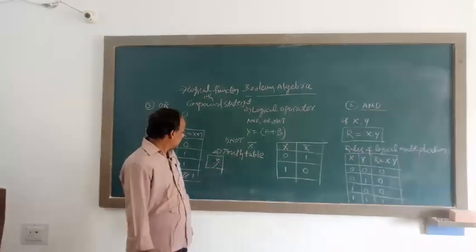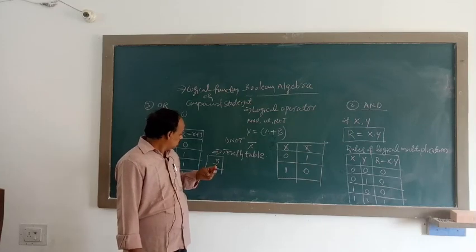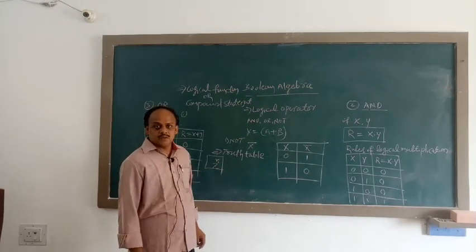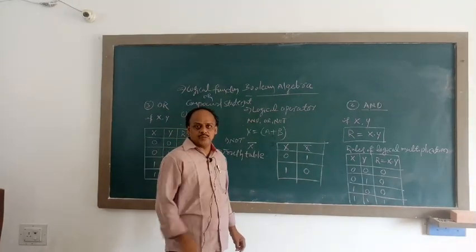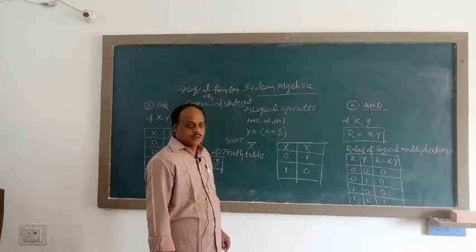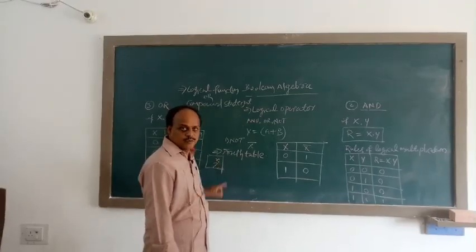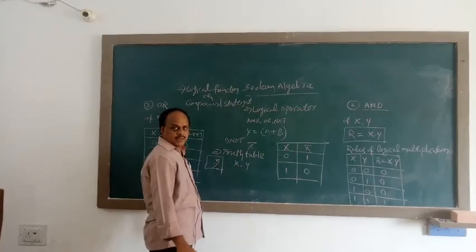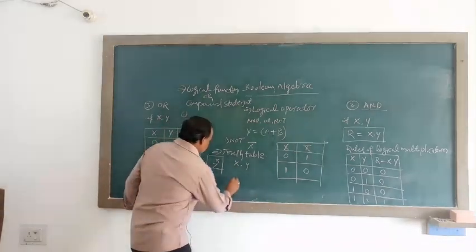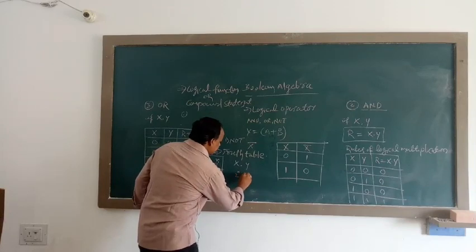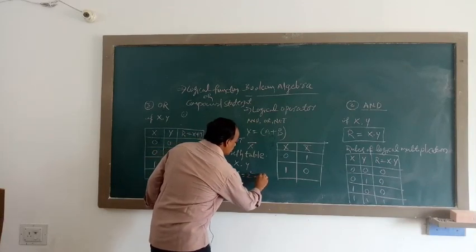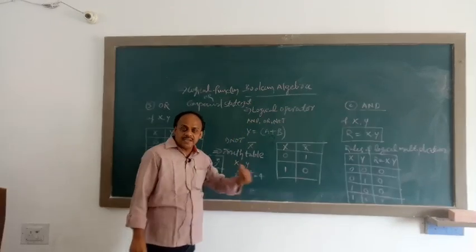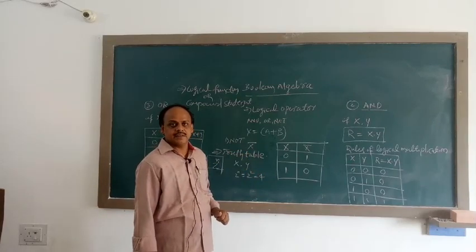For example, if 2 variables are there, the input combinations can be found out. If x, y are the 2 variables, then 2 power n is equal to 2 power 2 is equal to 4 input combinations, and the truth table can be created.